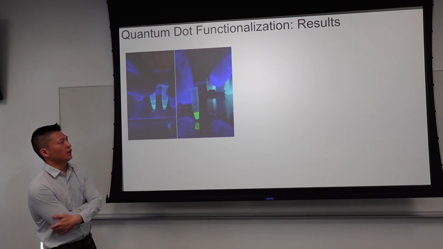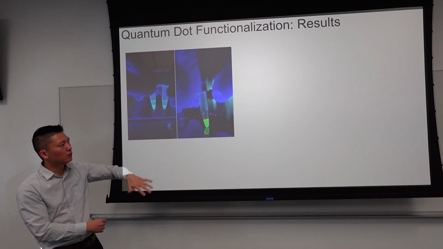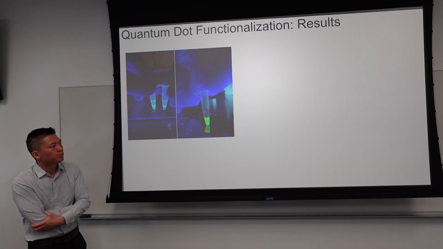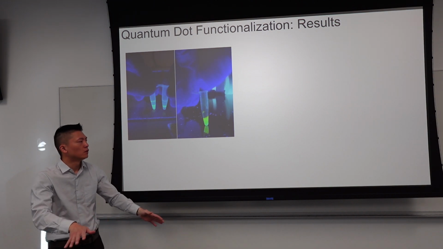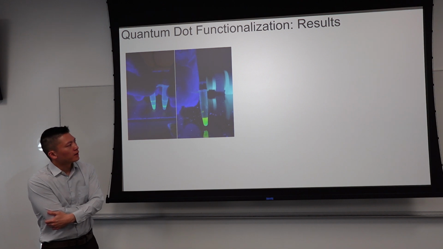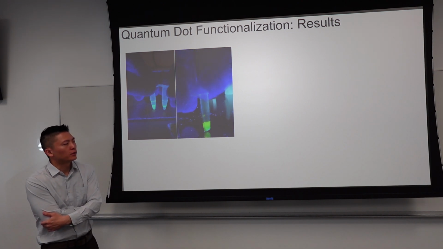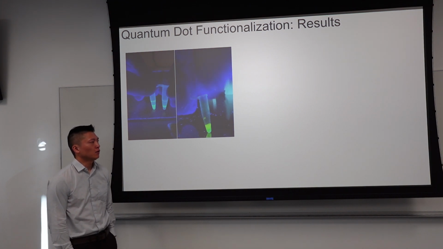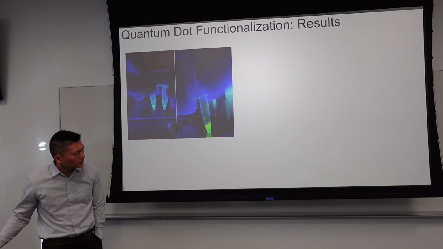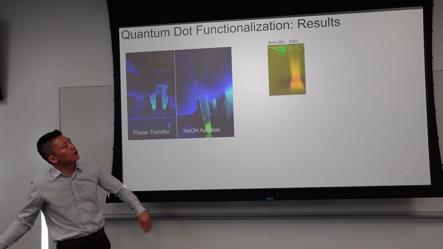It does look like the green color is turning yellow as the sodium hydroxide is dissolving or diffusing through the solution. But I'm still not sure. It could just be a change in PL, I'm not entirely sure. But definitely we'll be checking soon. This is the phase transfer and adding sodium hydroxide.